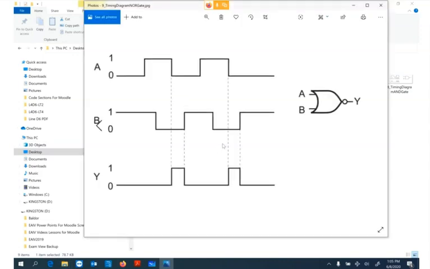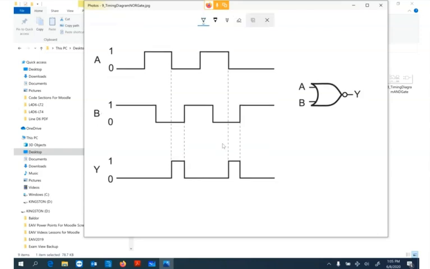Timing diagram for NOR. Sometimes it's easy just to follow. If we're looking at what happens to a NOR, normally right now we've got ones or zeros, I should say, would make the output true, right?